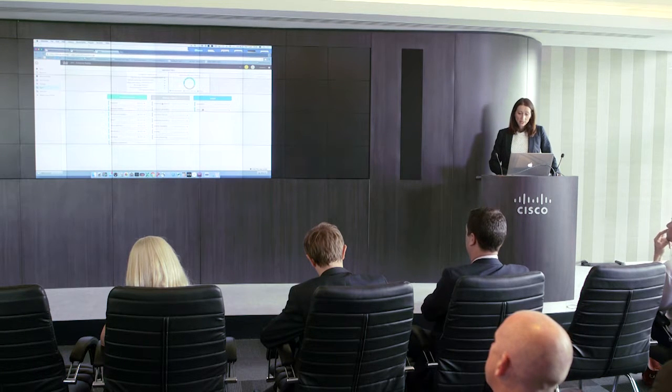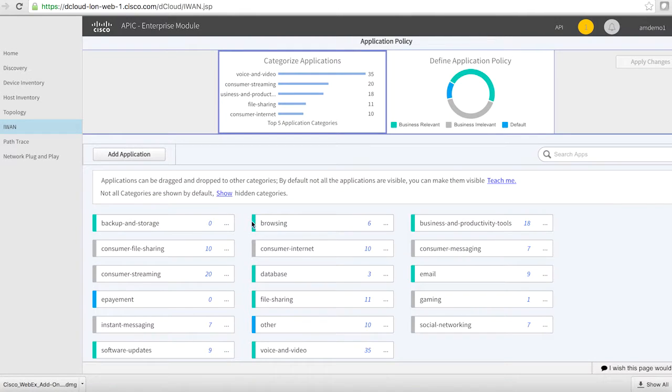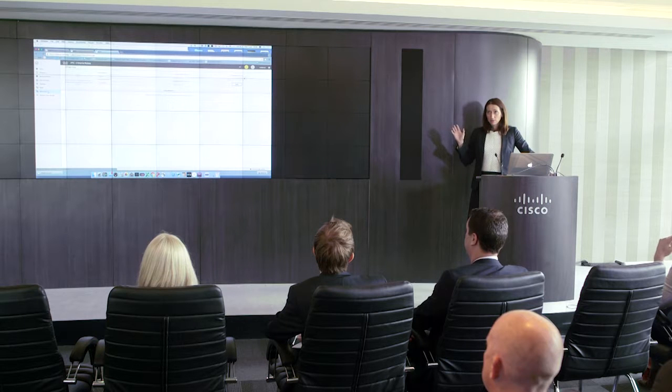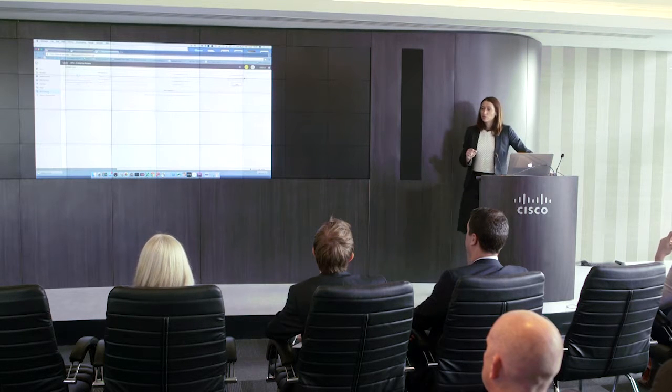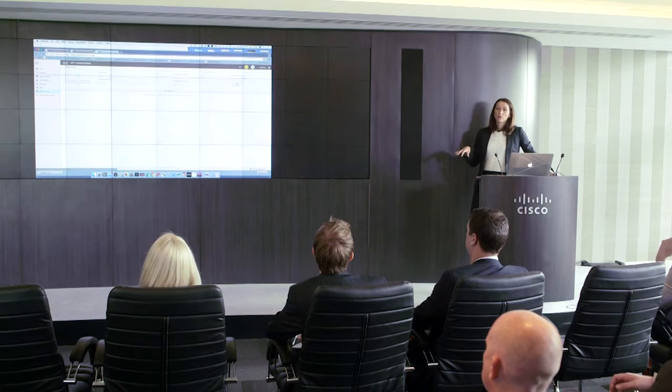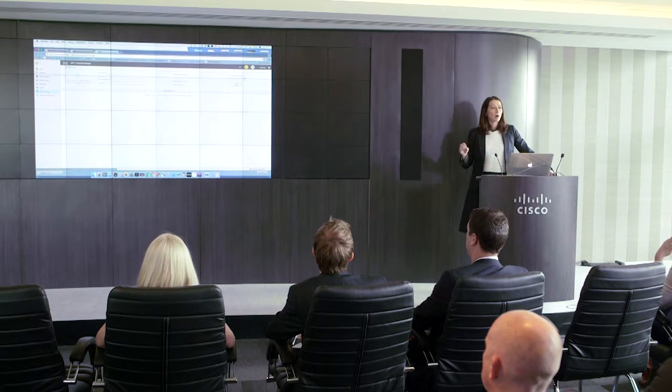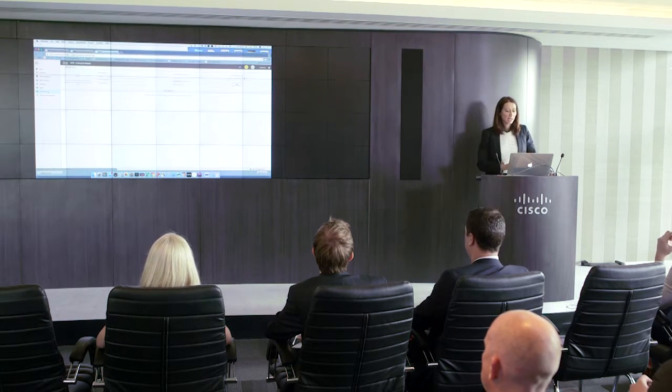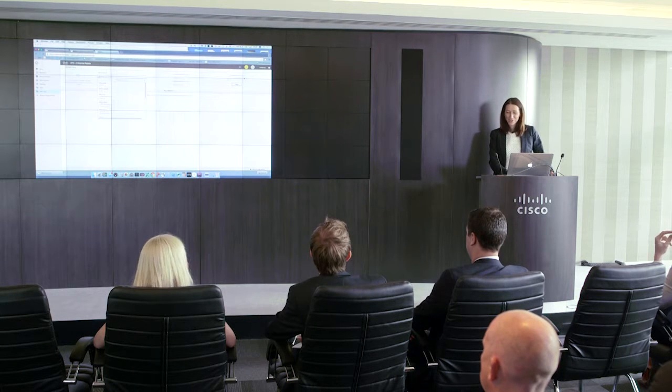Again, if you don't like something to be in one category, you can drag and drop it and change it with a click. Another application that sits on the APM that I guess would be very useful for you, or for engineers in the partner society to use, is a path trace application.